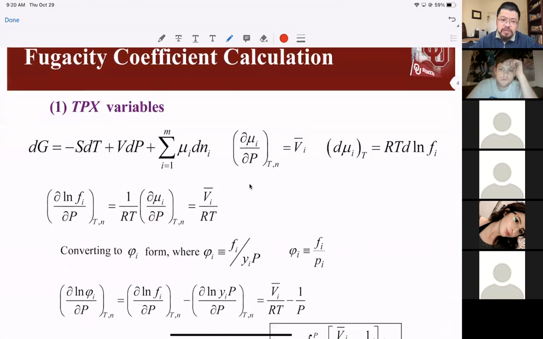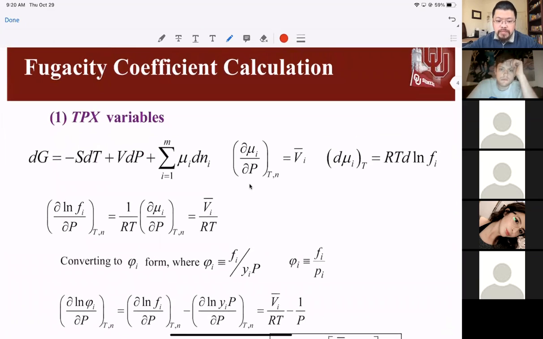After those discussions of new quantities, we jumped into the calculations. The most general way is to calculate from the TPX or TVX, whether you have experimental measurements or you move from the equation of state and solve some correlations, and eventually calculate the fugacity coefficient, defined as fi over Pi.